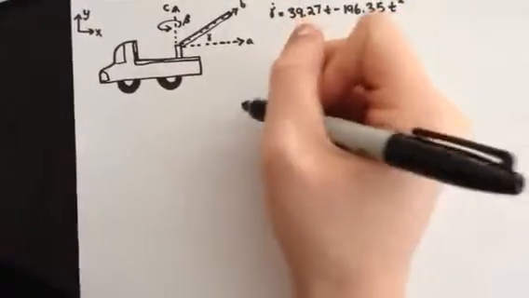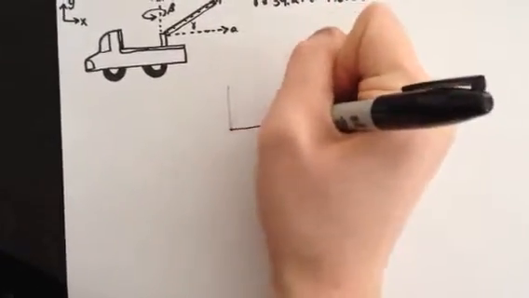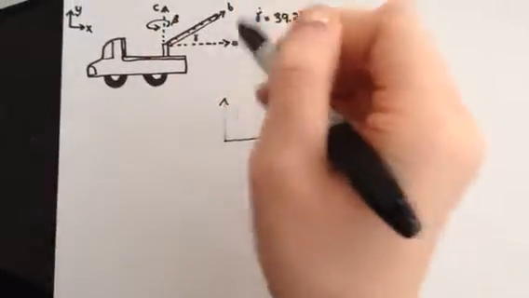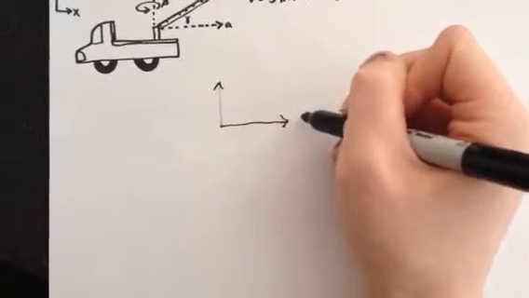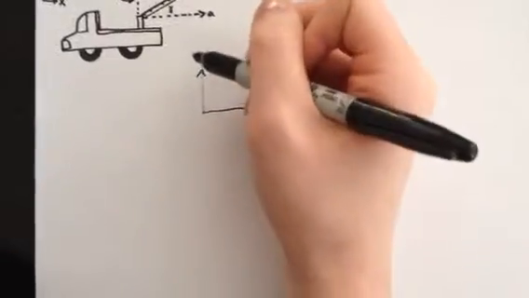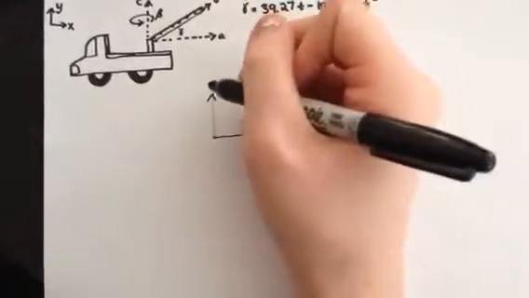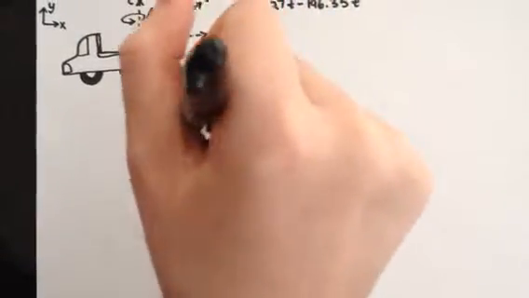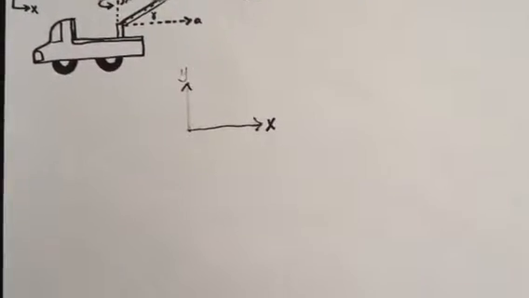So if you were to convert this, you would rewrite this as a coordinate system. This A would be the x-axis, this C would be the y, and Z would be going into the page, because this is three-dimensional.